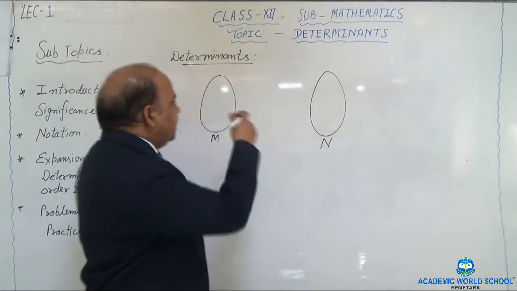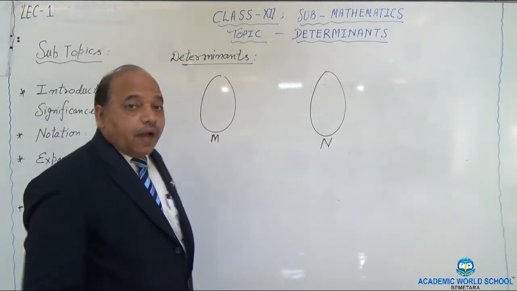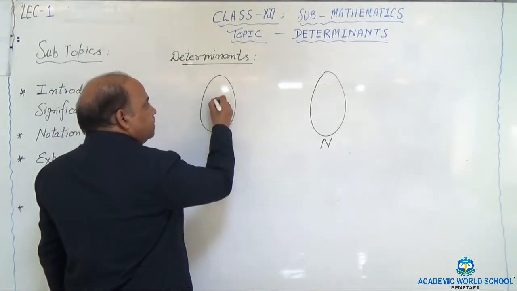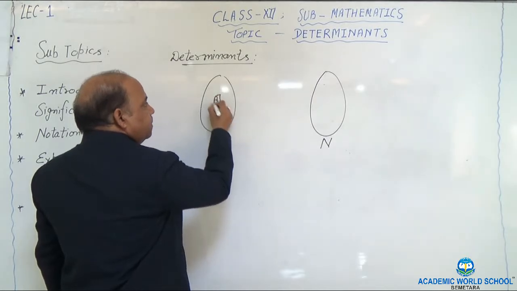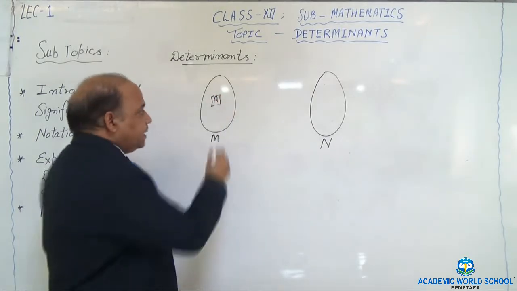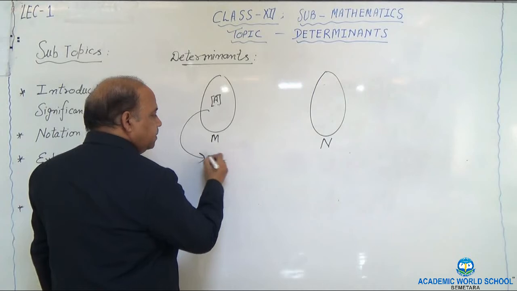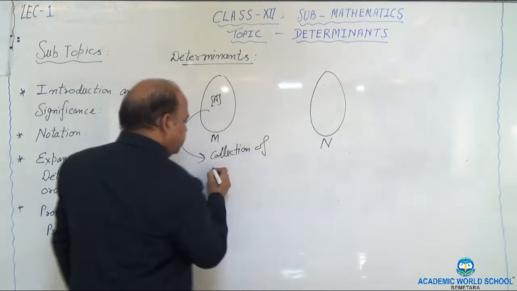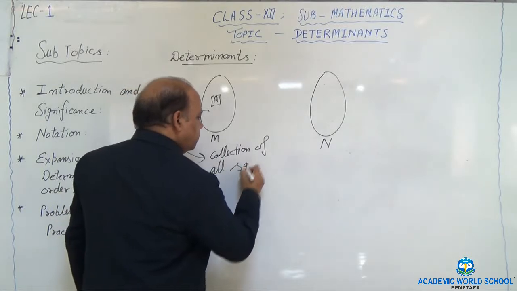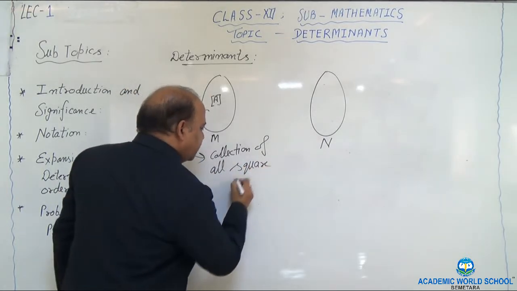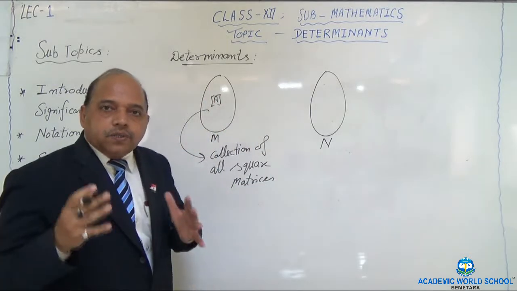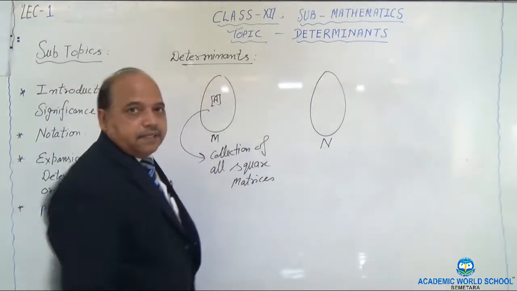So what are the elements of this M? I am telling you, this is a collection of all square matrices. All square matrices are kept in this set.